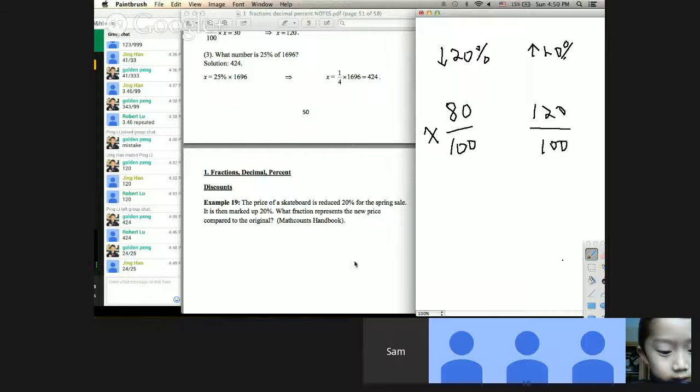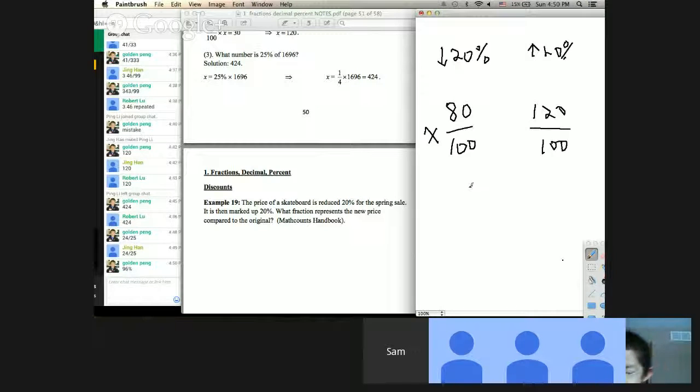Okay, nice job to those two down there who got it. Answer is 24 over 25, or 96%, yeah, that works too. Okay, so I'll explain it for the rest of you guys. The price of the skateboard is reduced 20%. When you reduce it by 20%, it basically equals 80% of the number. So it's 80%, so 0.80 of x.